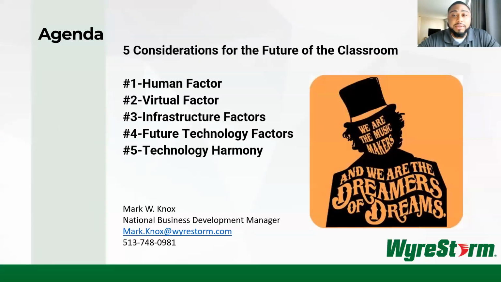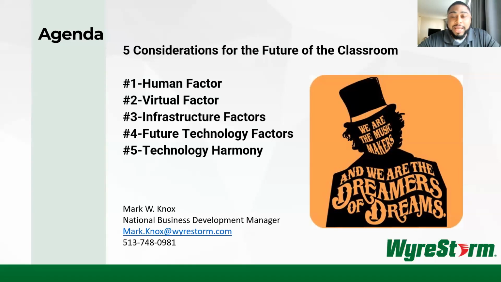So here's our agenda for this afternoon or morning, depending on where you are. Again, 5 considerations for the future of the classroom. And even the term classroom is really changing, right? We think of a classroom as a traditional space where you have students in rows and columns, so to speak, and then you have a facilitator or a teacher up front.